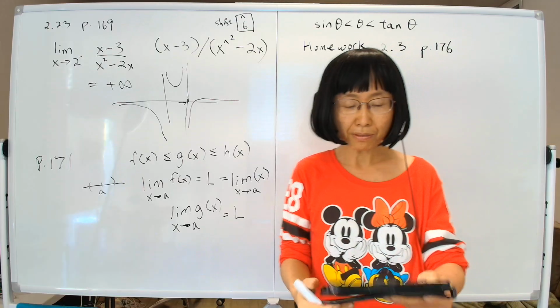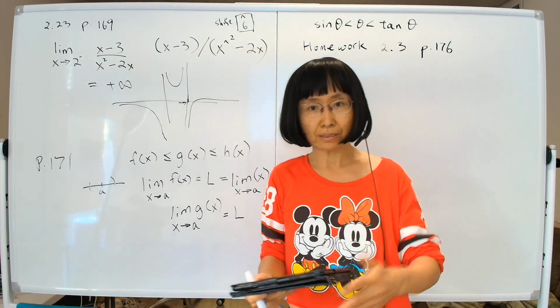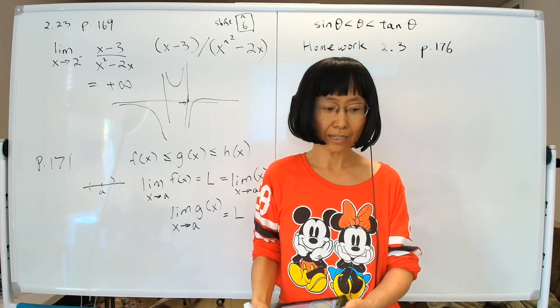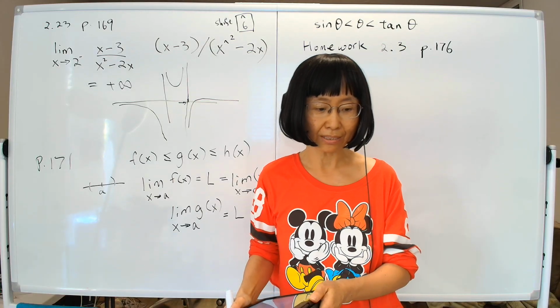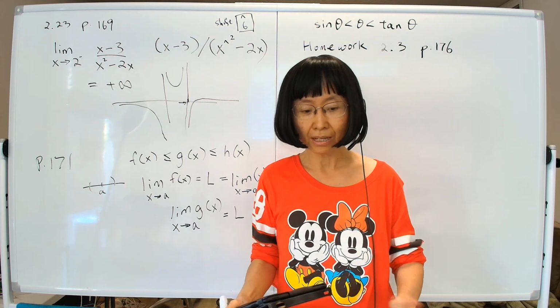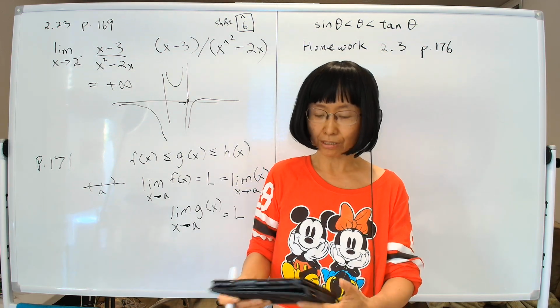And there are 12 problems, and I will list the problems below the video, but I'll read it out to you now: 83, 89, 97, 99, 100, 102, 105, 111, 117, 120, 126, and 127.